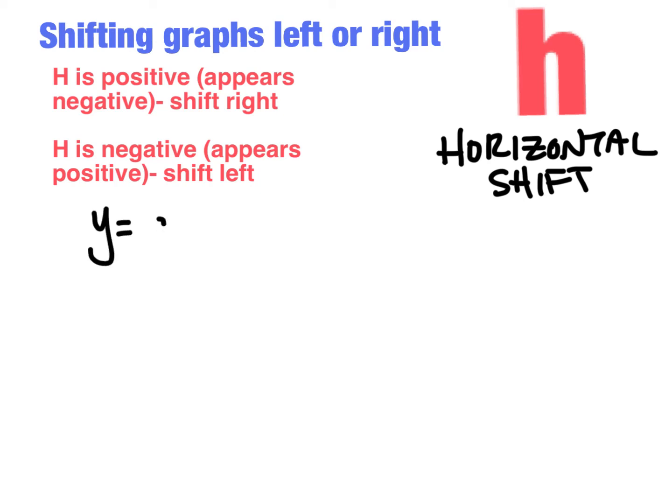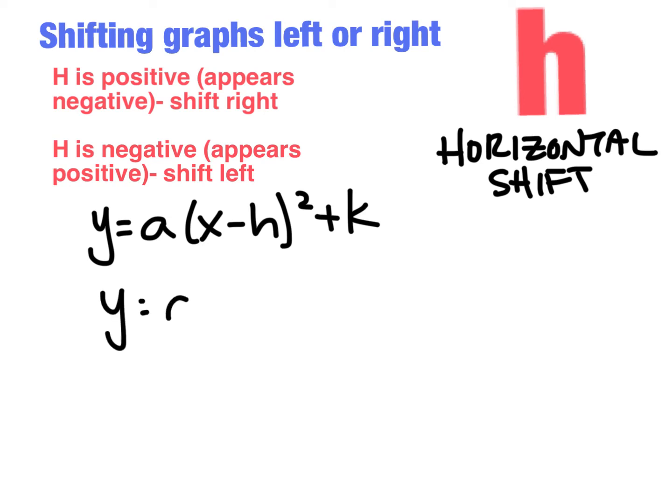Remember that we had y equals a times (x minus h) squared plus k. Since we have x minus h, if you were to plug in a positive 3 for h, you'd have y equals a times (x minus a positive 3) squared plus k. So even though we plugged in a positive for h, it was subtracted.